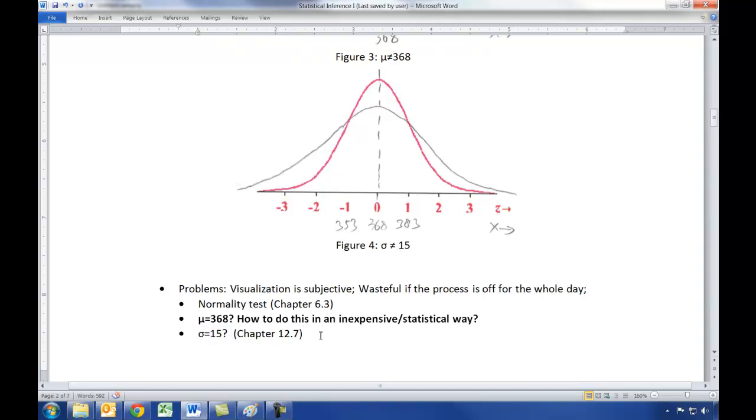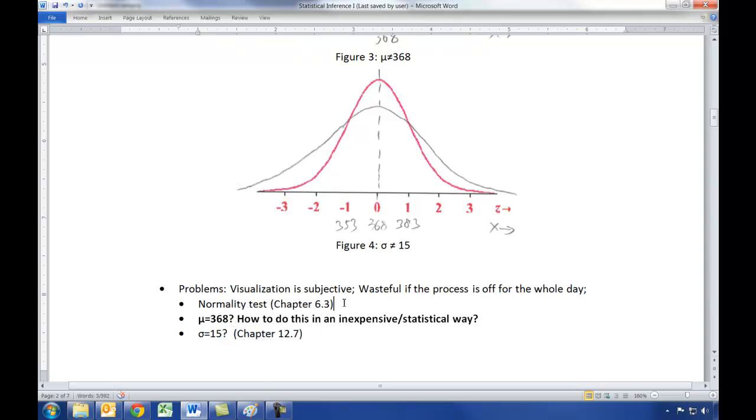To test normality using a statistical way is covered in chapter 6.3 in the textbook, and to test in a statistical way that the standard deviation is equal to 15 is covered in chapter 12.7.